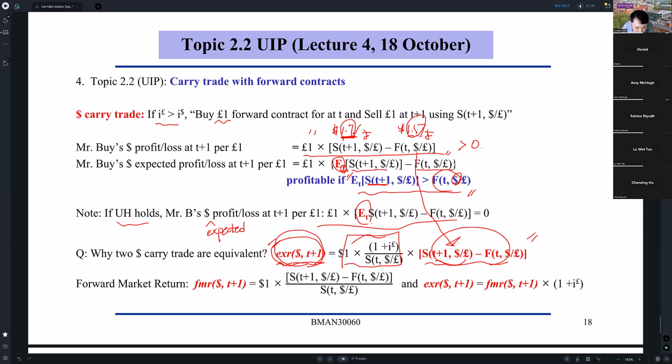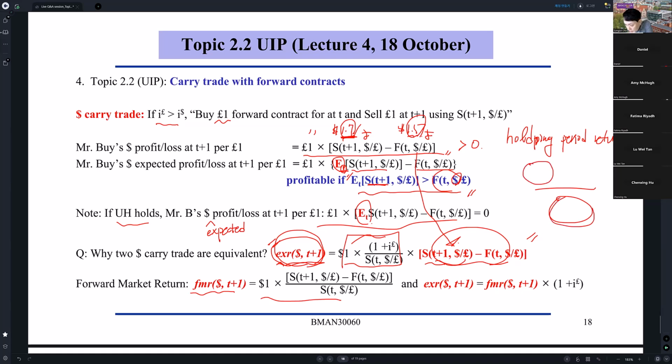And then we define something called forward market return. Forward market return looks like this. Now, this is not a return in the usual sense, because when you think about holding period returns, normally we define it like this: what you pay today, what you will get in the future.